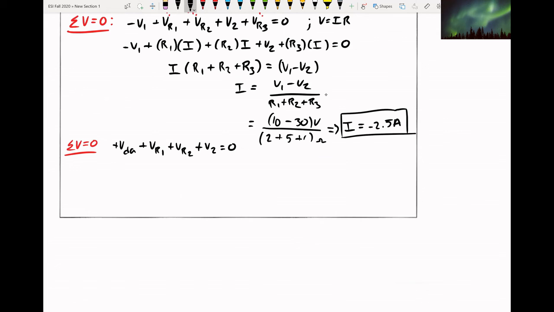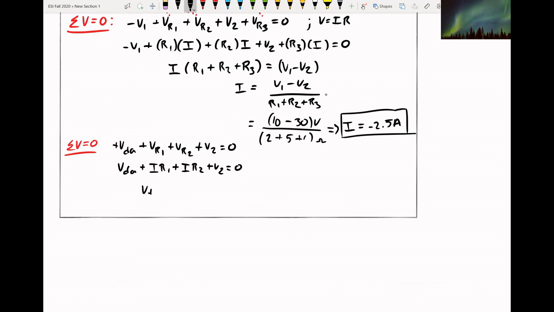So therefore, we can come through and very similar to what we did before, we don't know VR1, so we can just say I R1 plus I R2 plus V2 is equal to 0.